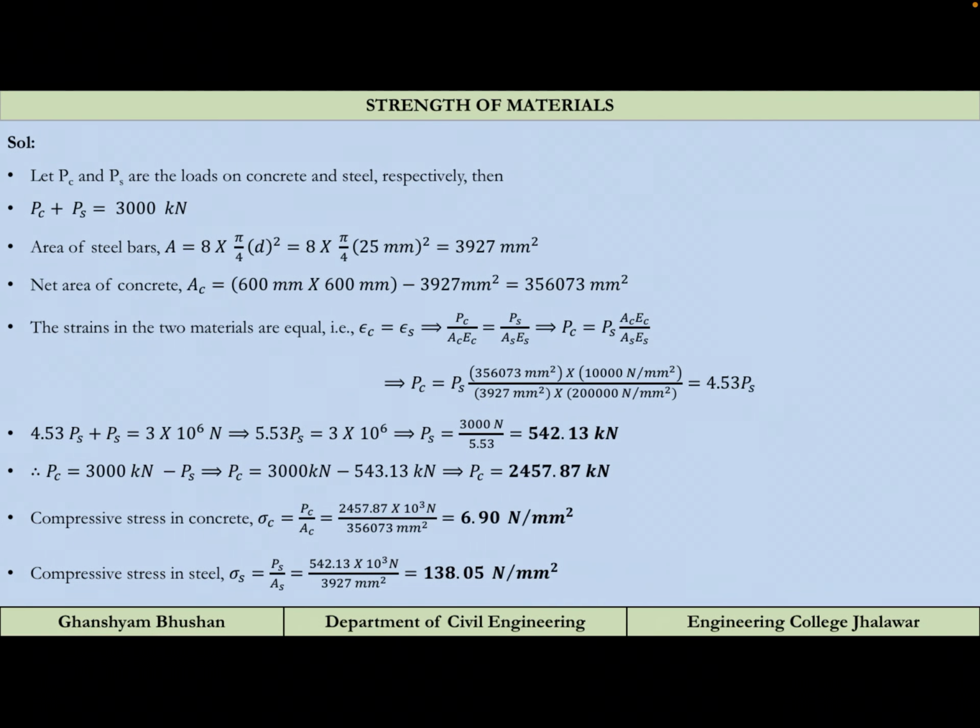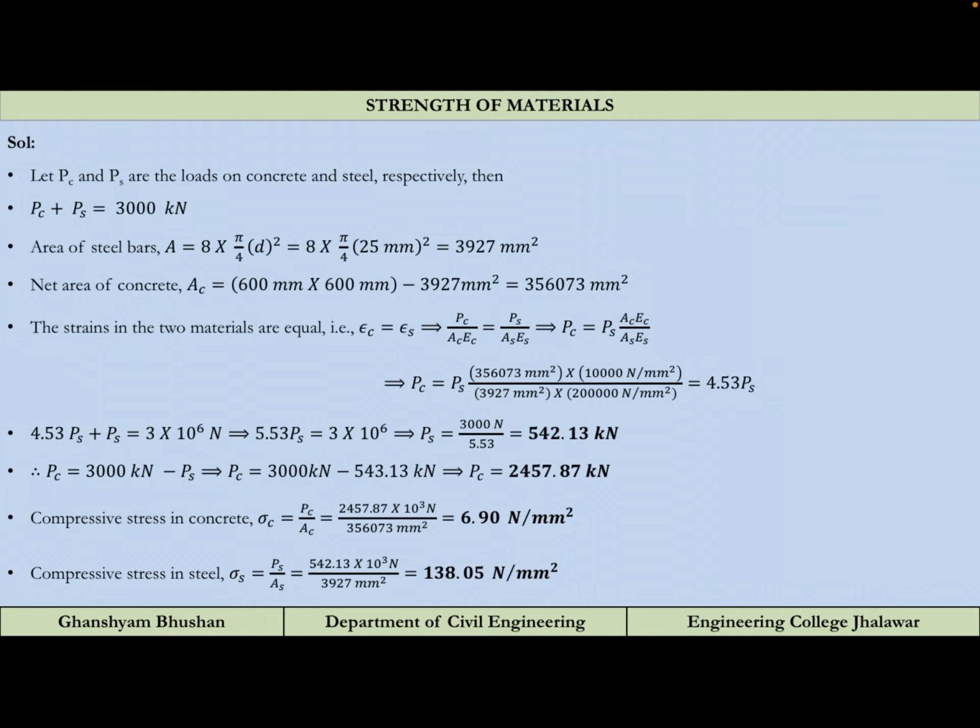So let PC and PS be the loads on concrete and steel respectively. PC is the load taken by concrete, and PS is the load taken by steel. Now we know that PS and PC combined should take the external load, that is 3000 kilonewton. Since stresses are involved, we first have to find the areas, and only then can we calculate in terms of stress and strain.